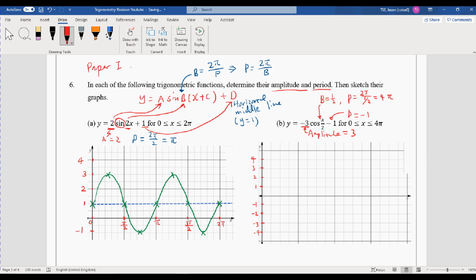And we know that the middle line is on d equals -1. That means it should be here.